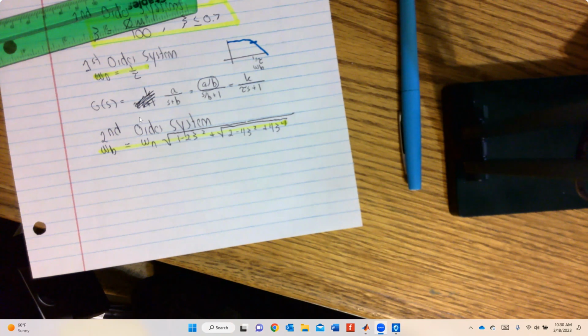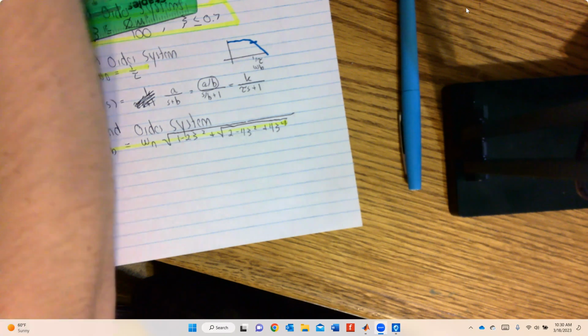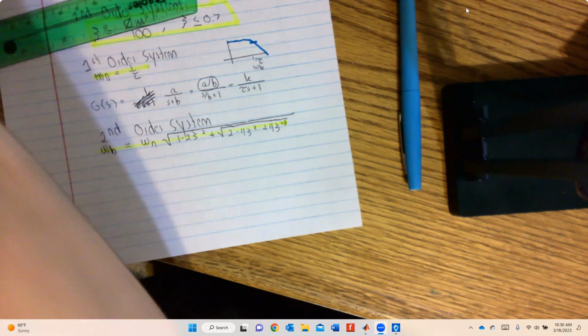Sensitivity specifically tells you how sensitive your function is to a certain parameter. Sensitivity is defined as follows.